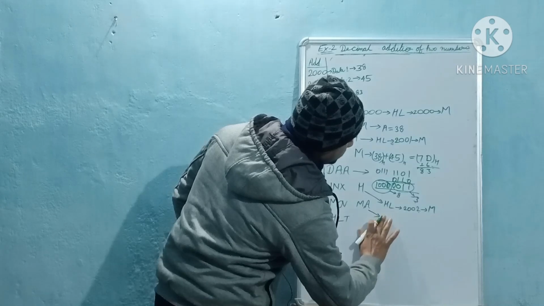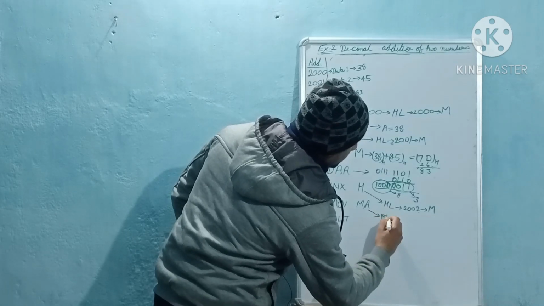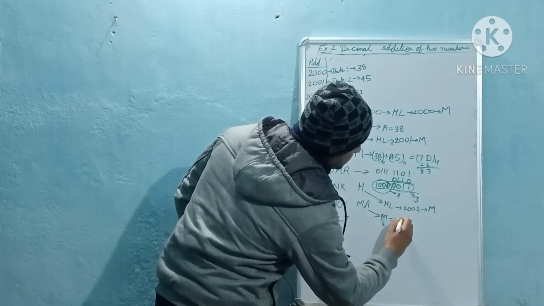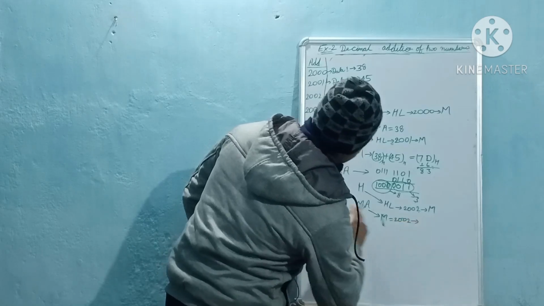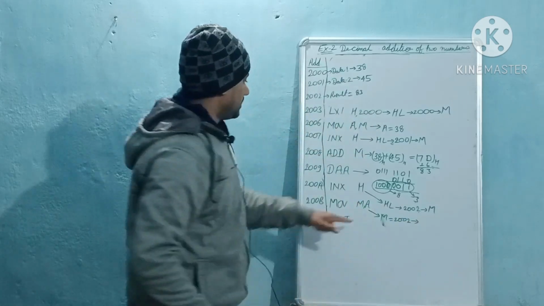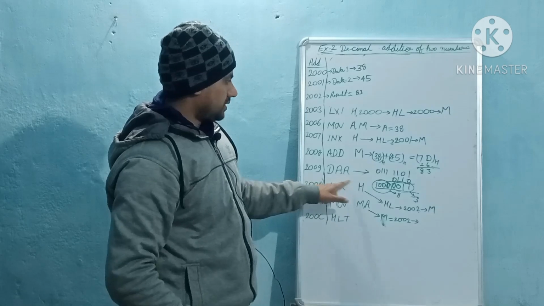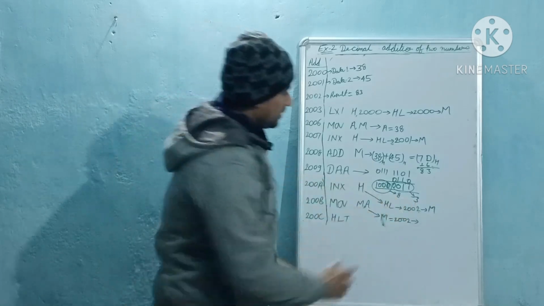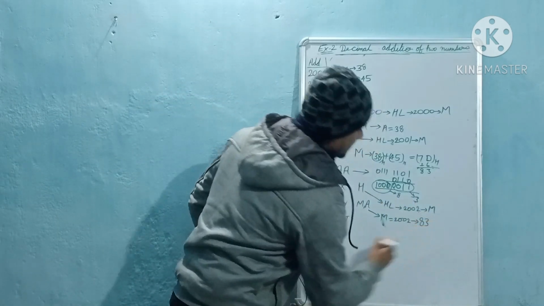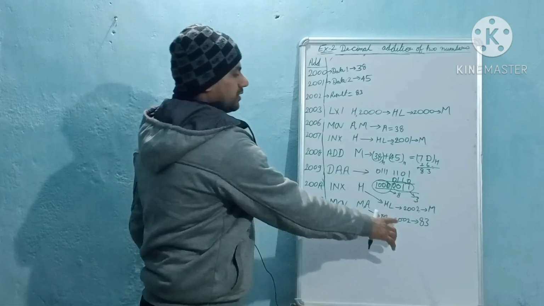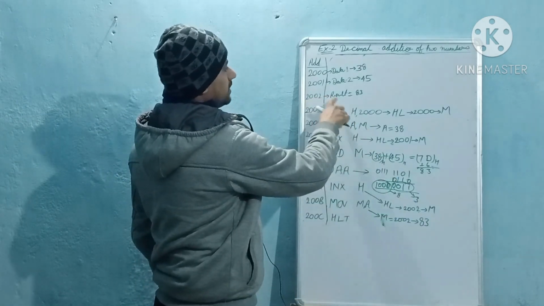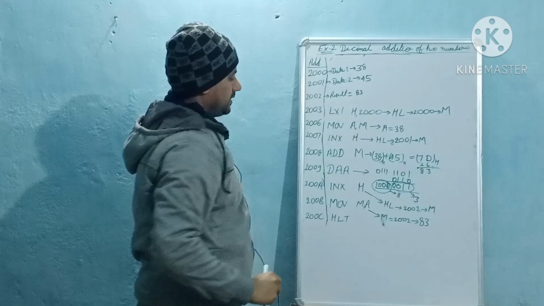So the memory becomes 2002, and the content of the accumulator, which is 83, goes there. That is why the result at 2002 is 83.